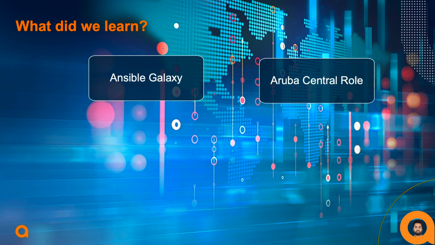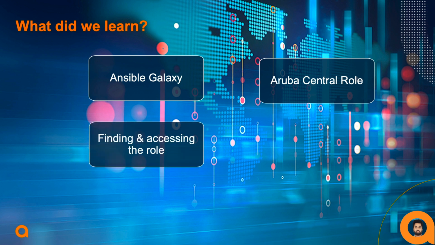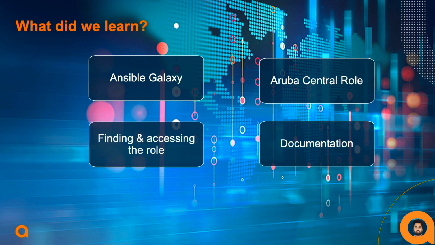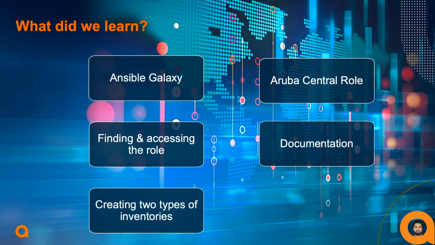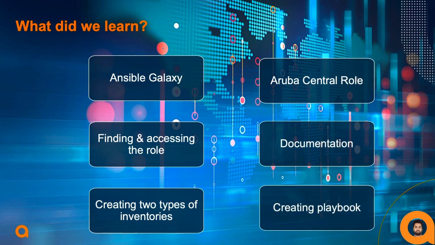Next, we saw the Aruba Central role on Galaxy and talked about finding and accessing the role based on the available documentation, which gives us the installation steps and example resources to start using this role. We also saw the two inventory files, a simple inventory and an inventory plugin config file. Lastly, we used all of the available resources and built and executed a playbook.